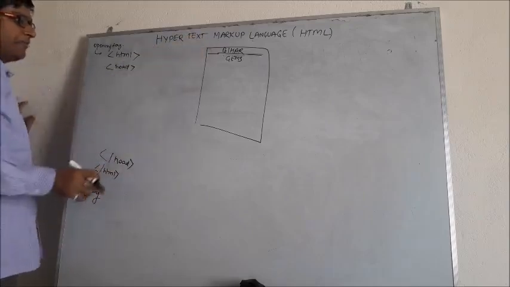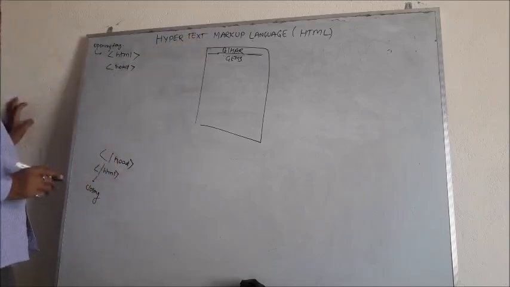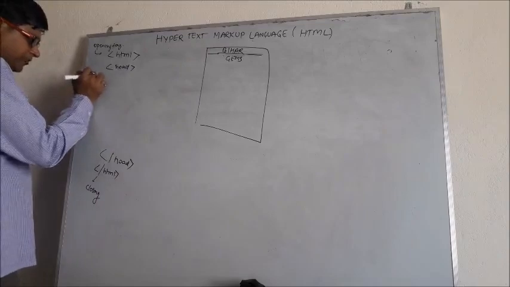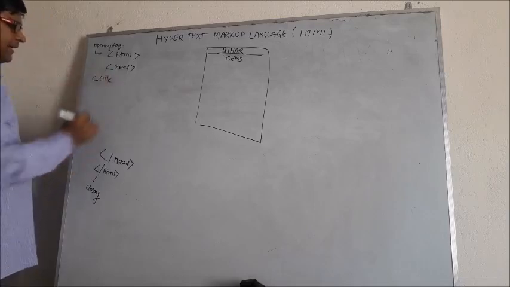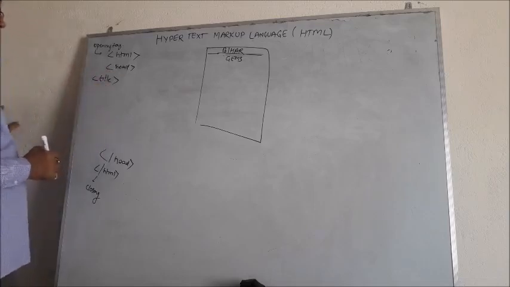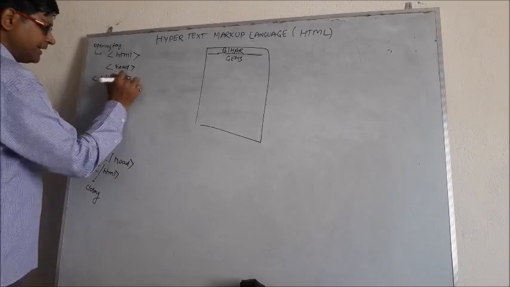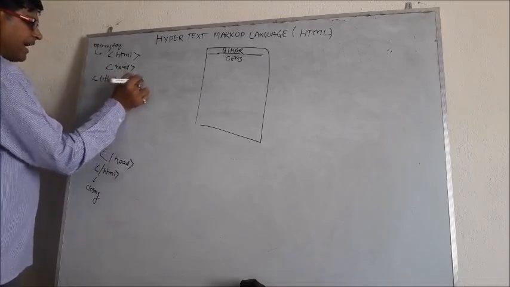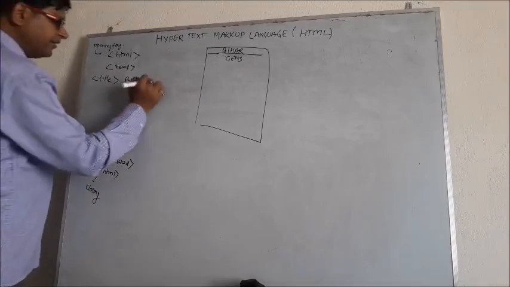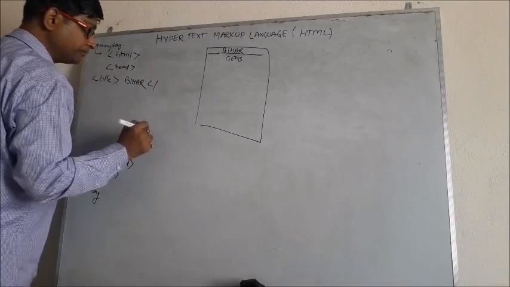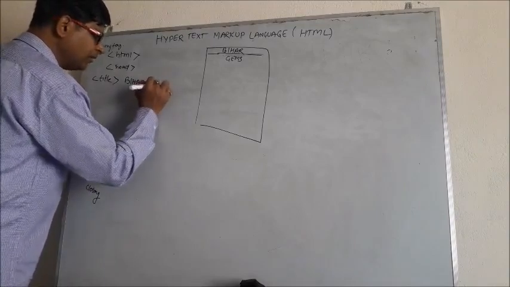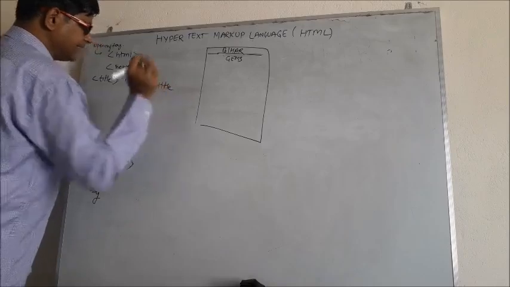The title of the web page comes under the title tag, right? So for that you can use title, close tag. Next you can write here Bihar, and after that you can close your title. Okay, fine.